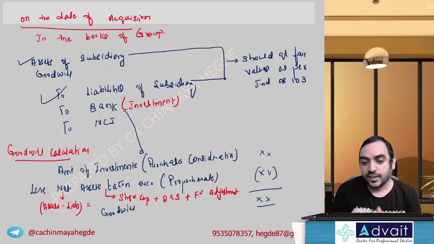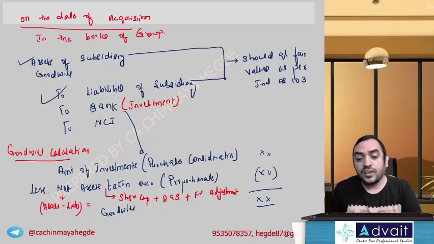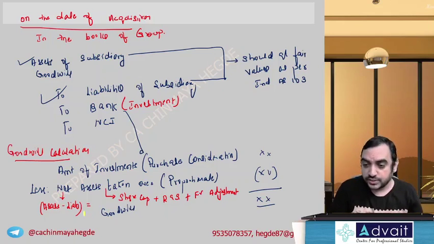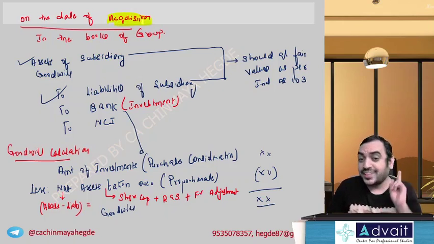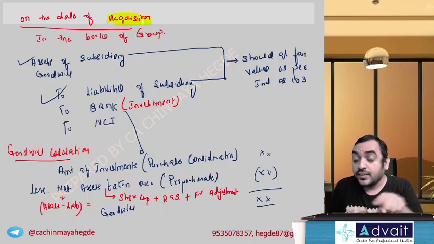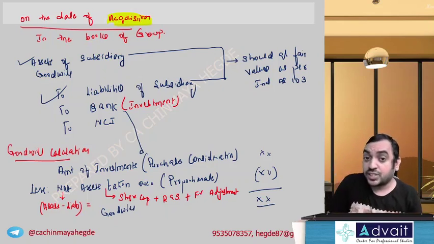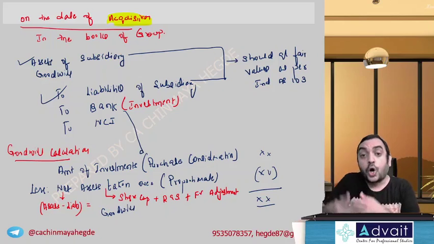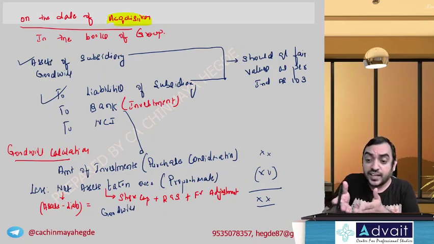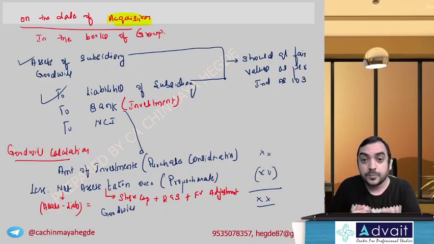Now, all these discussions are on the date of acquisition. Don't forget that. But when they give you the balance sheet in the examination, they'll give it subsequently, on the date of consolidation, 1 year later, 2 years later, 6 months later.